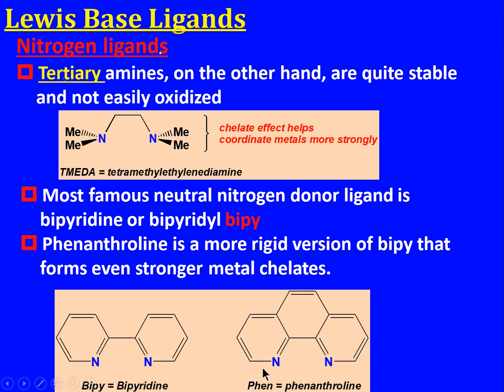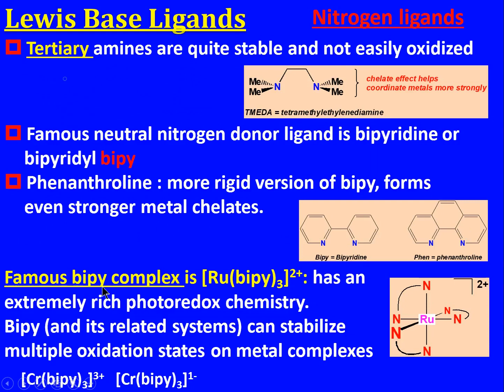Phenanthroline, phen, is a more rigid version of bipyridine that forms an even stronger metal-ligand bond. Complexes with bipyridine, such as ruthenium tris(bipyridine) 2+, are well known in photoredox chemistry, and the bipyridine ligand can stabilize multiple oxidation states on the metal center.